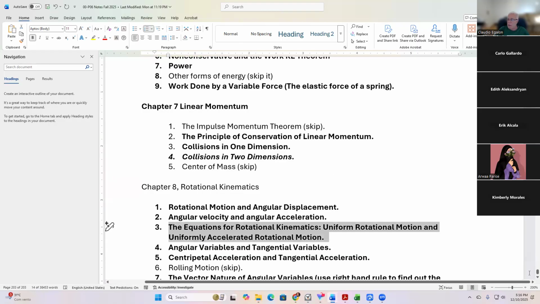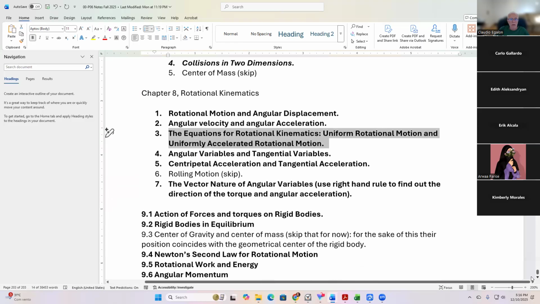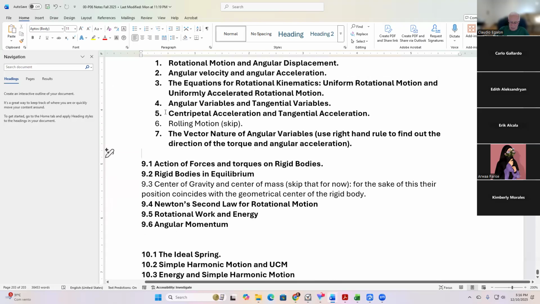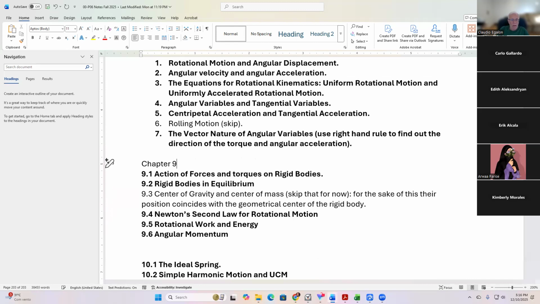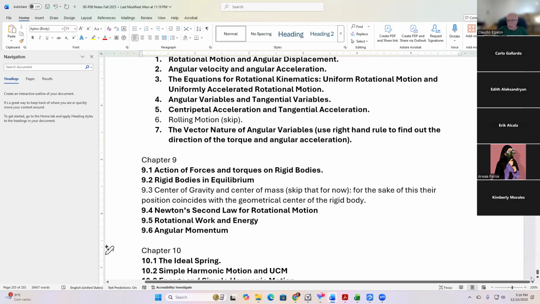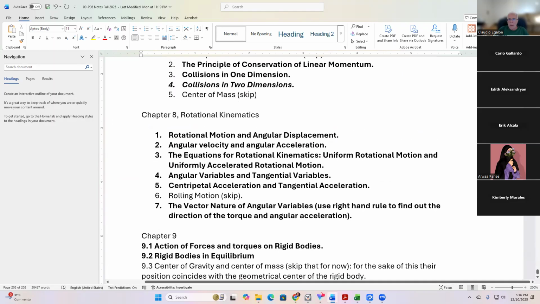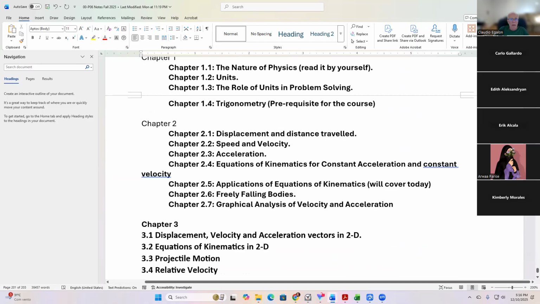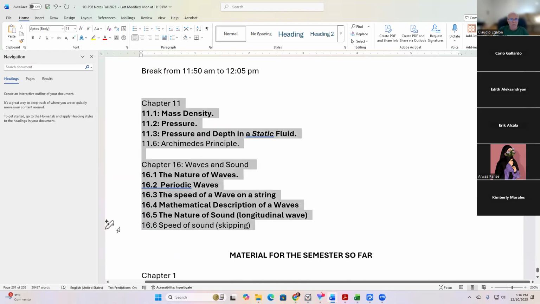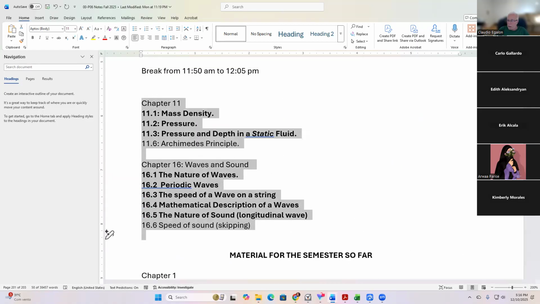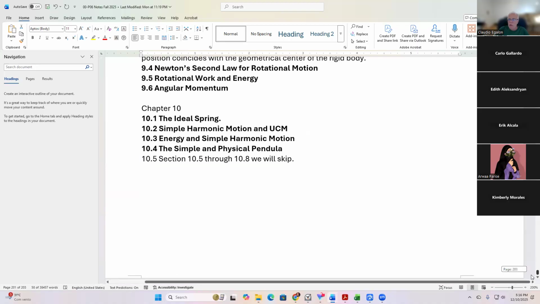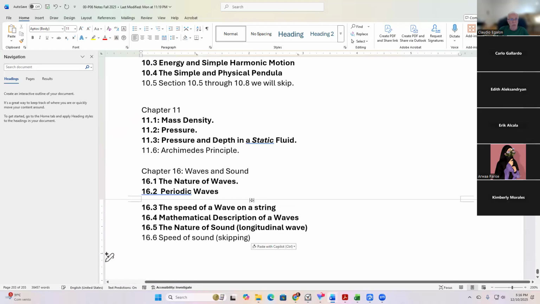Continue numbering. Okay, good. Chapter 8, chapter 9, chapter 10. Okay, and we've got to get 11 and 16. We skipped 12 and 13, right? And the others, 11 and 16.